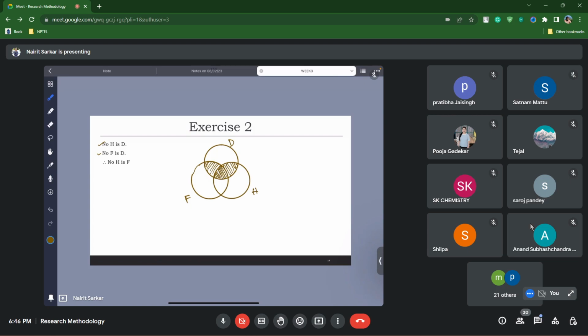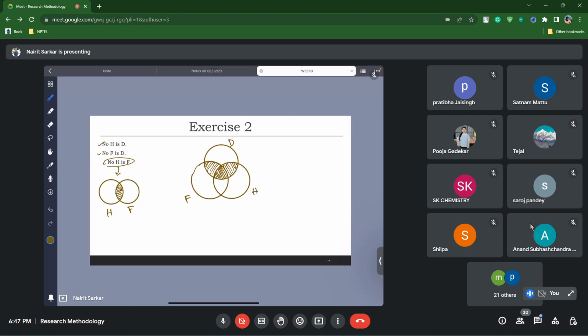So our conclusion is no H is F. Let's wait for others. If this is H and F, no H is F means the entire middle section should be shaded.